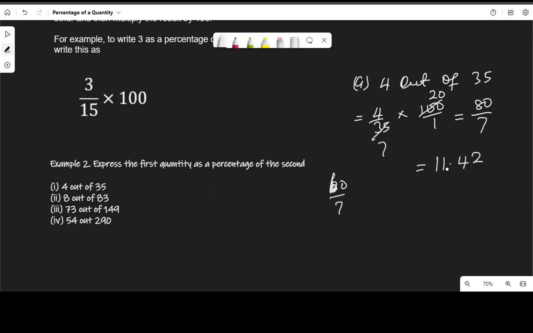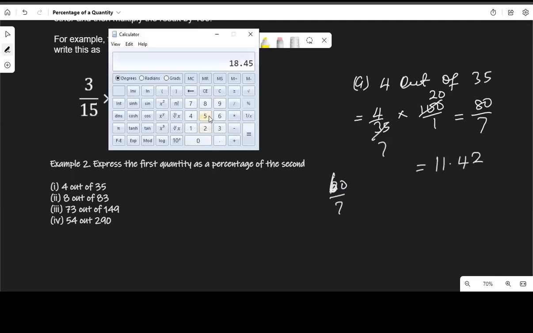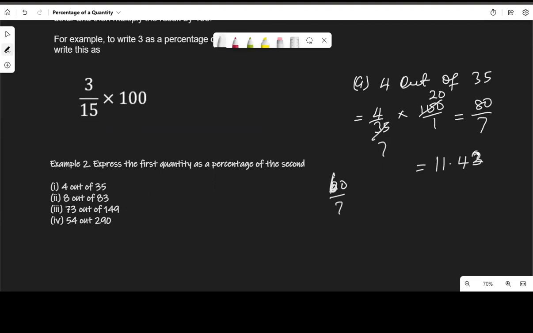I can round this to 11.42 or 11.43. Let's check that with our calculator. 80 divided by 7, 11.428, that is 11.43 approximately. So that is 4 out of 35 as a percentage.